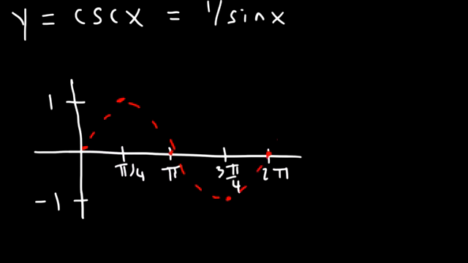Now I'm going to continue the graph though. Everywhere the sine function touches the x-axis or the midline, you need to draw a vertical asymptote. So I'm going to indicate that in blue.